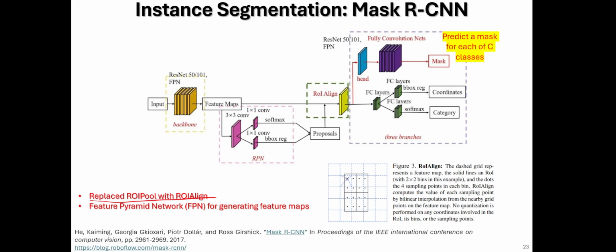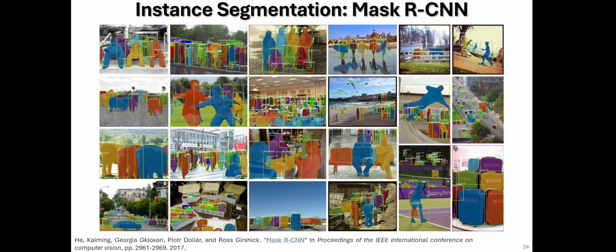So you replace ROI pool with ROI align, and then of course they also introduced, in addition to this masking part, a feature pyramid network, which is like a structured encoder kind of architecture for the Mask-RCNN, but it's not really, because the feature pyramid network is very common nowadays, so you don't need to worry about it or understand it as a separate entity, because that's what typically we do.